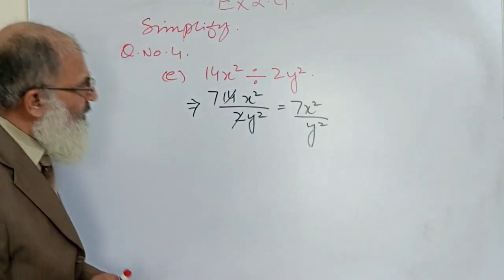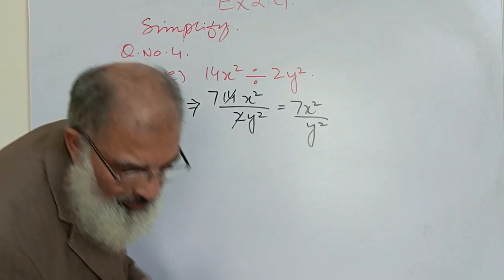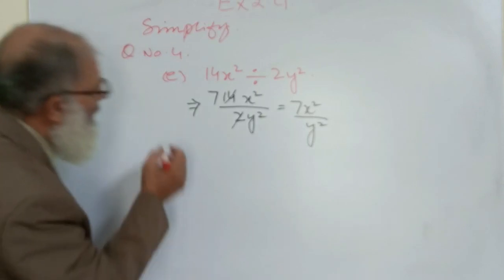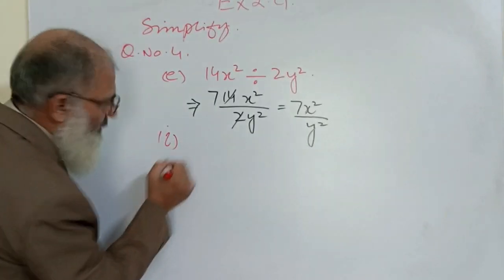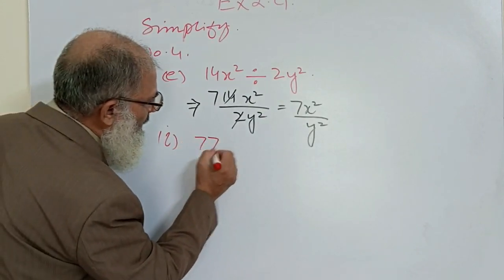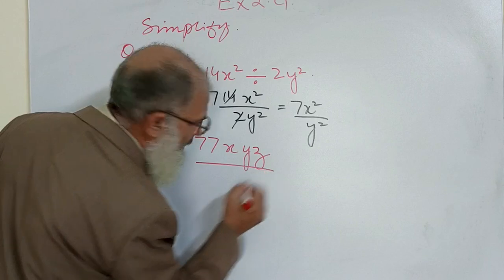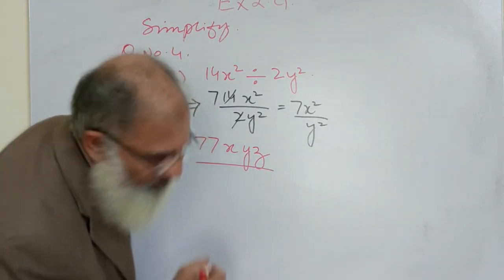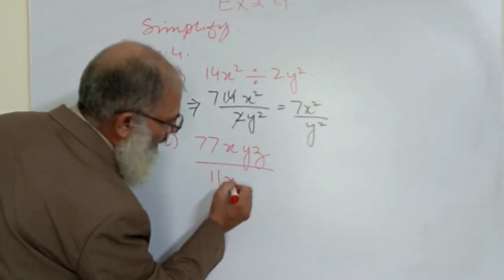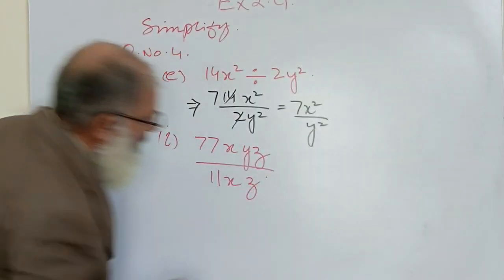Now there are some parts which are given in fractions. That is 77xyz divided by 11xz.